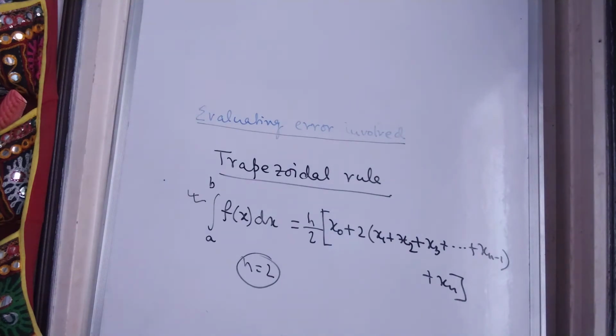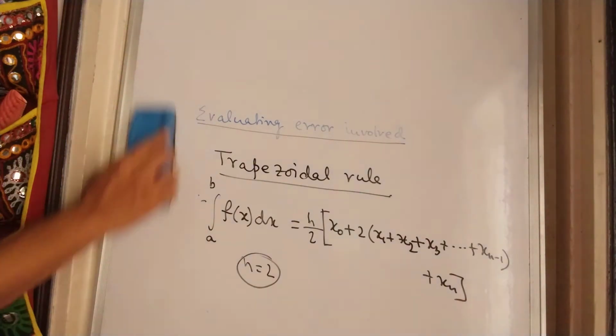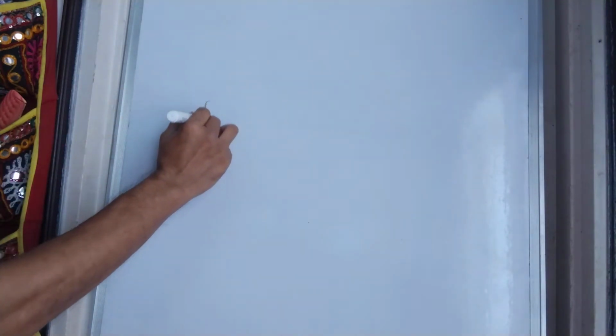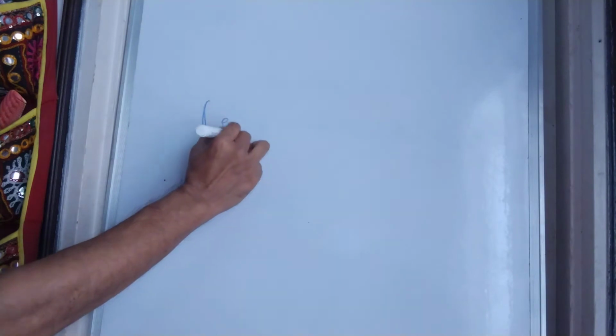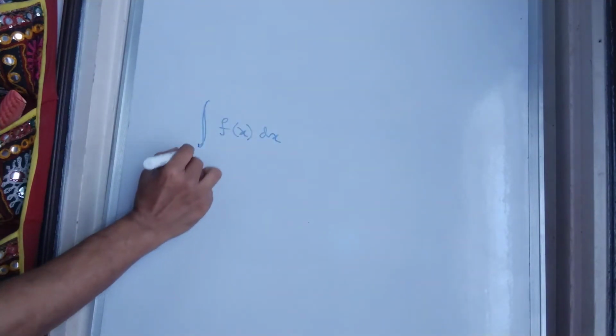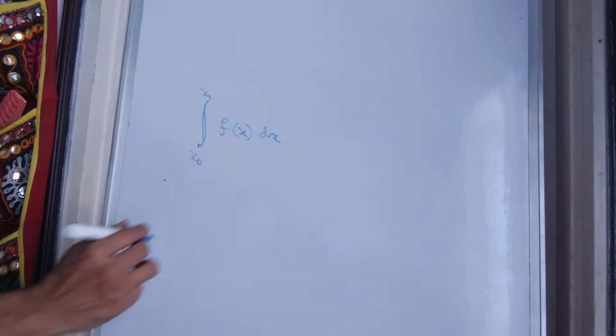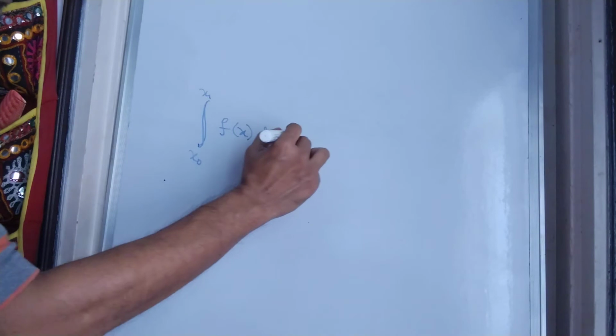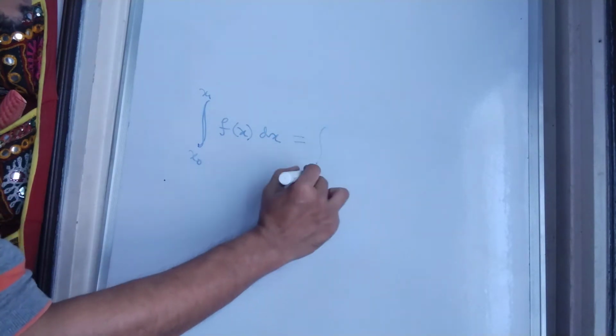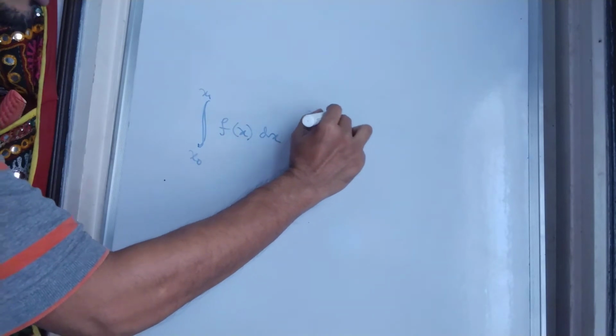So to find out the error involved, we would like to embark upon the fact that if we integrate any function fx dx, say from x0 to x1, we know that this x1 may be replaced as x0 plus h.